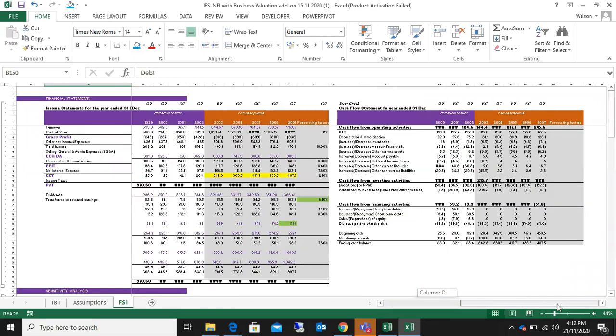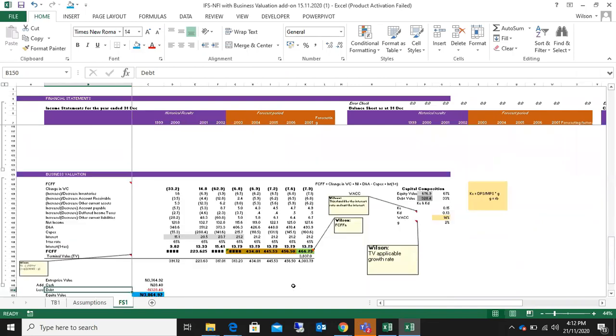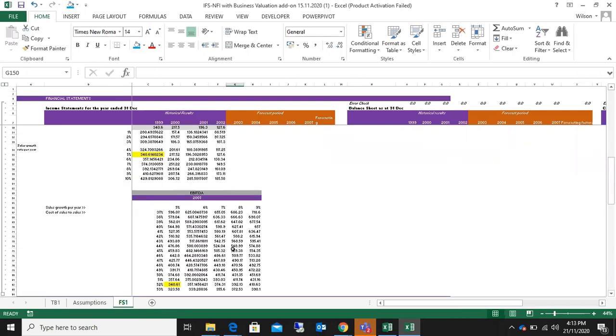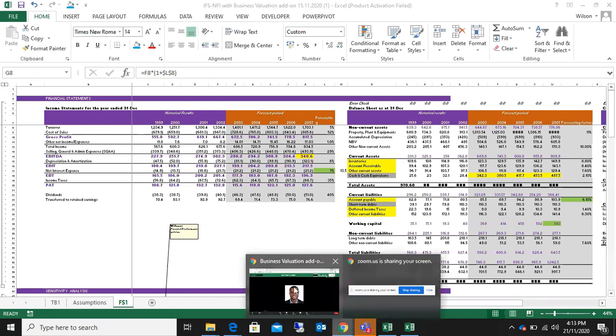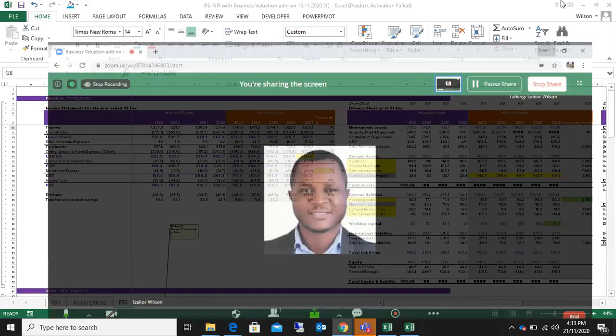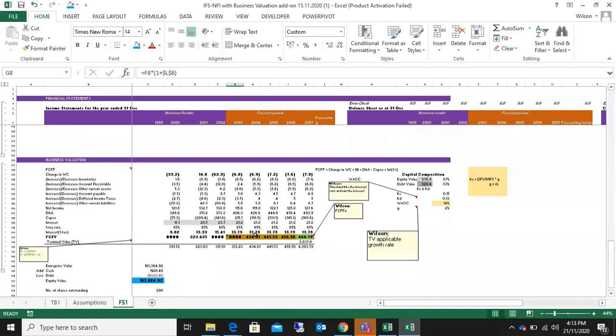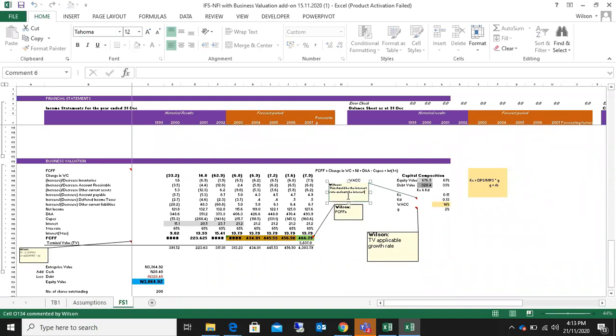So you can see everything that we have done so far is actually dynamic, which makes sense, because if I come here and change anything, it's going to affect everything down to the fair value of the business, the enterprise value, the equity value.